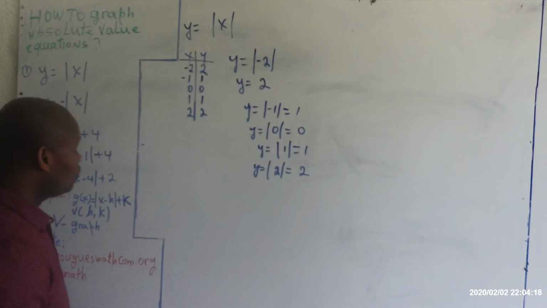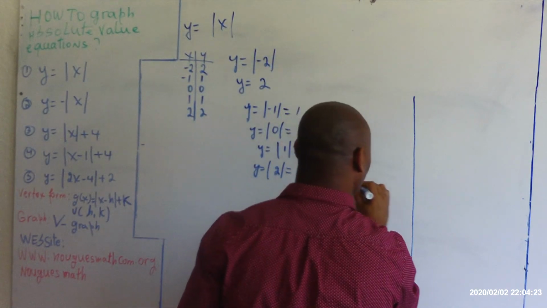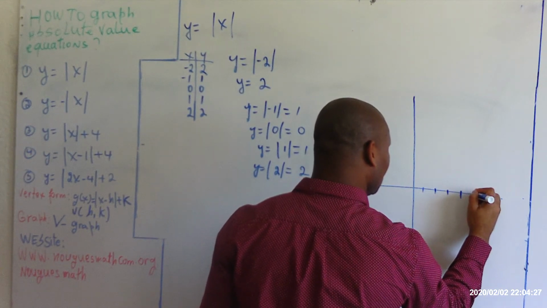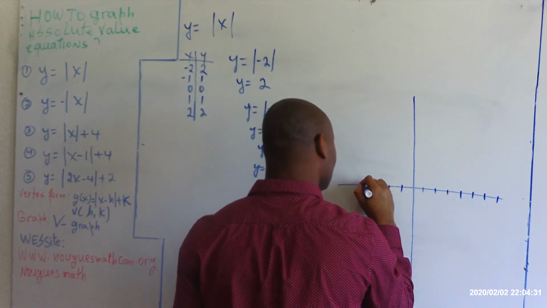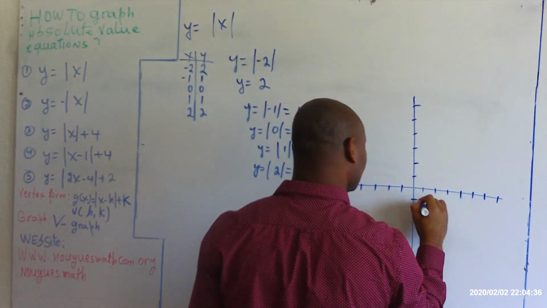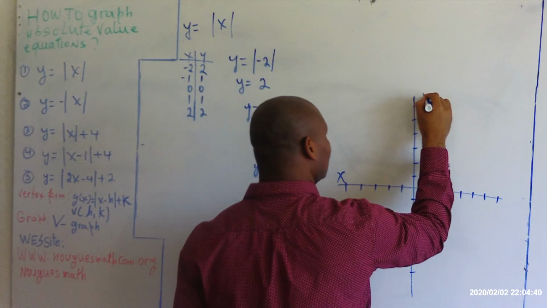Now I will show you the graph. Remember, when you graph an absolute value equation, the only graph you can have is a V graph. You will see what a V graph is. That's x, that's y.